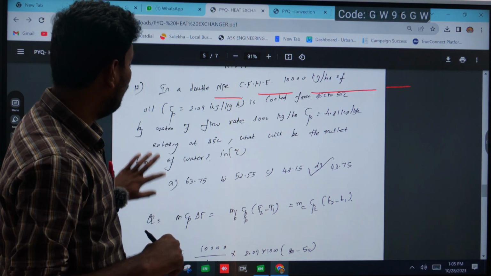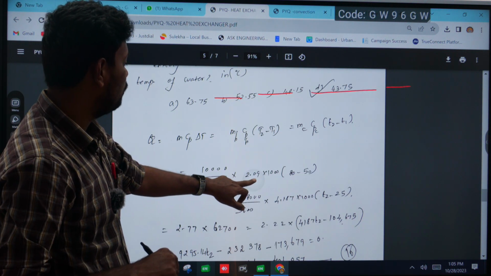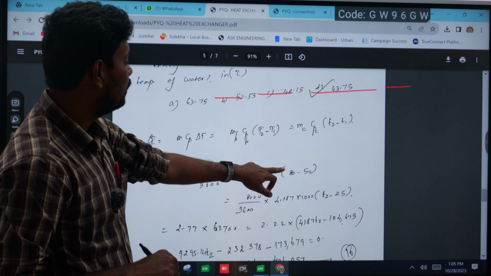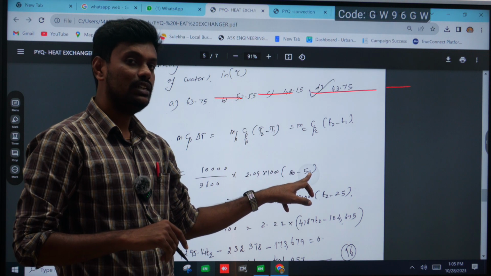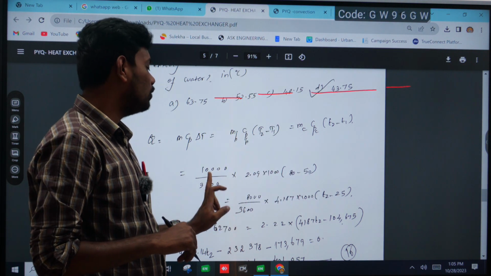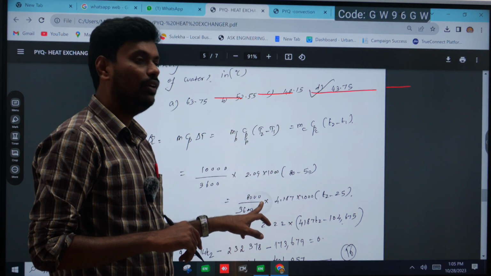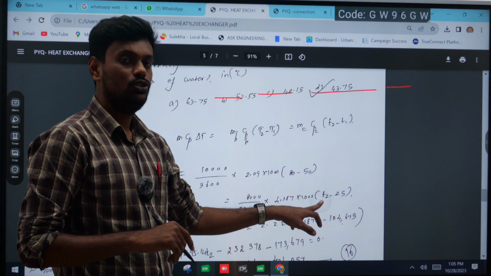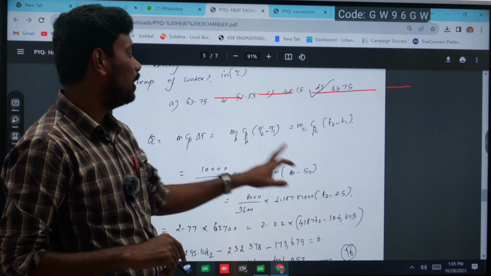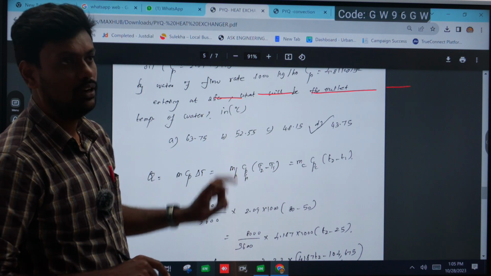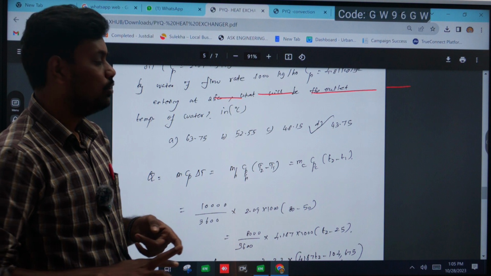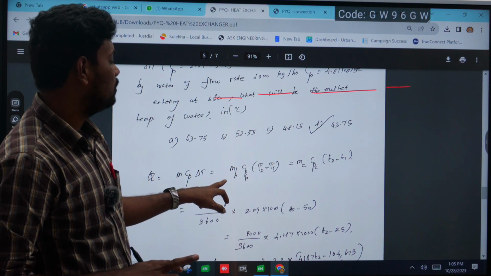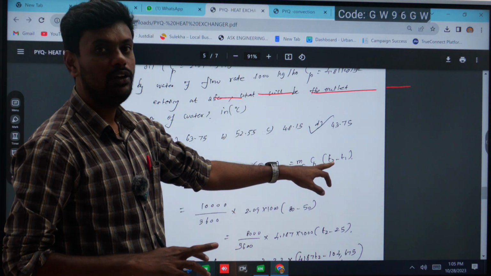Now I have taken the mass and specific heat of the hot fluid and the temperature difference, cooled from 80 degrees Celsius to 50 degrees Celsius. Similarly, for the cold fluid all the details are given, except the exit temperature. Here they are asking us to find the exit temperature of the water. Hot fluid is oil, cold fluid is water. By doing this energy balance, except this T2, I will know everything.